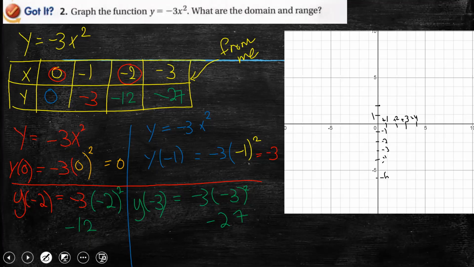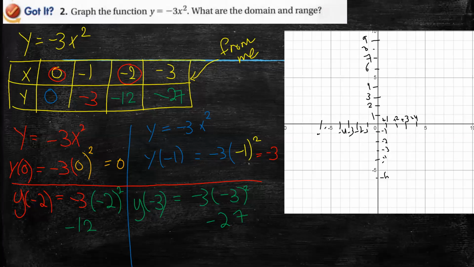On the other axis, 1, 2, 3, 4, 6, 7, 8, 9, and here you have -1, -2, -3, -4, -6, and so on.